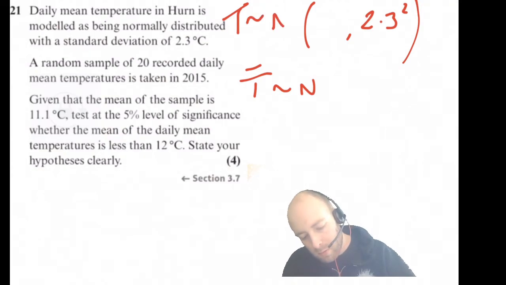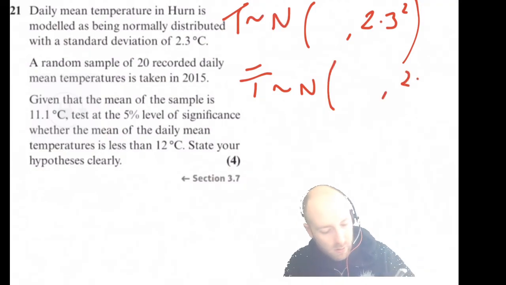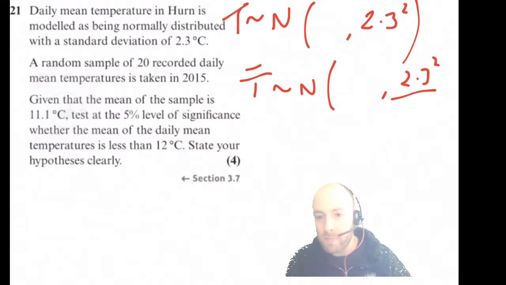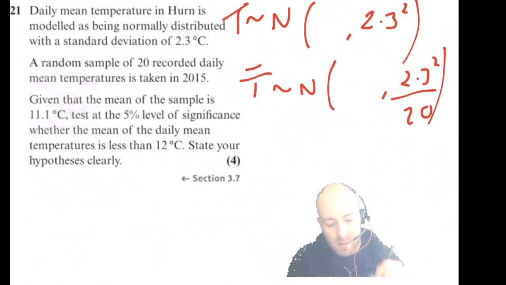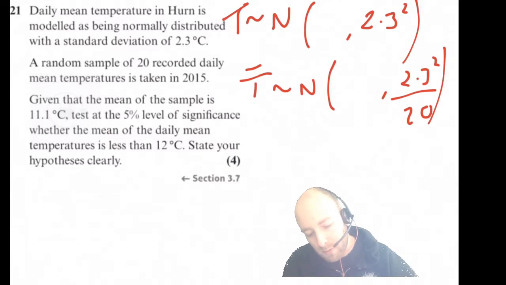So we'll have sigma as 2.3 squared over 20. Read through, so given the sample mean is 11.1, test at 5% whether the daily mean temperature is less than 12. So 12 is our mean in both of these.